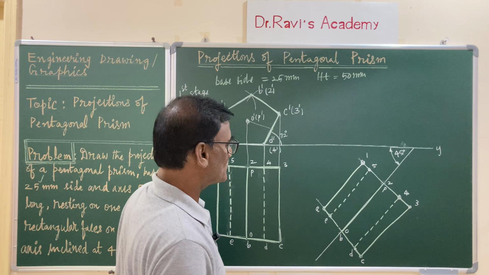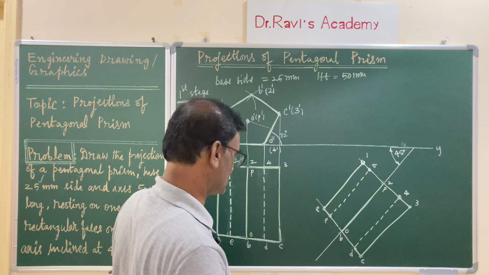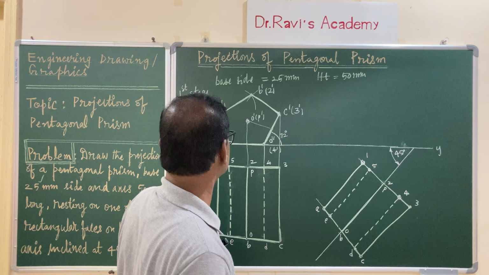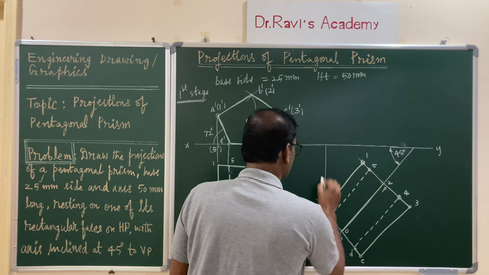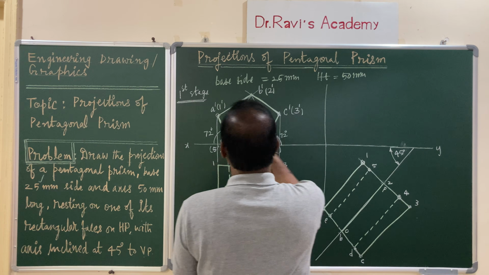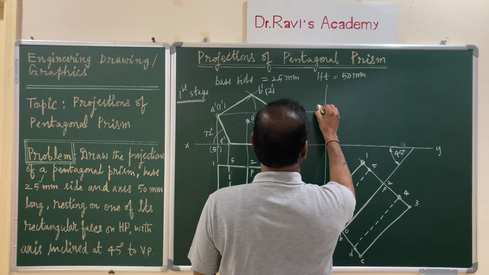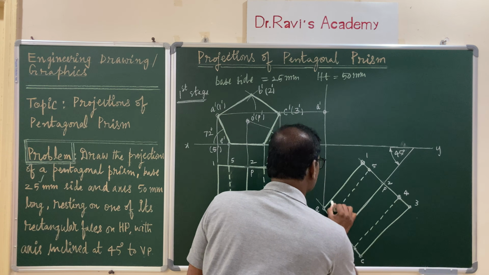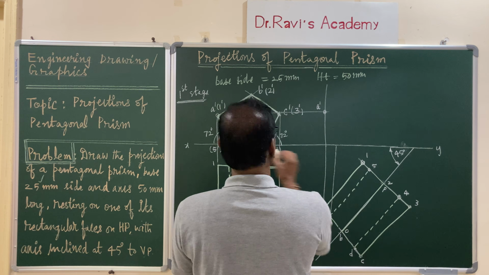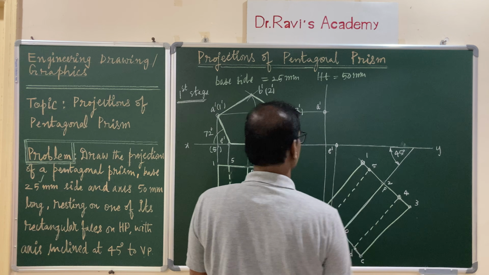Now, let us draw the projectors, vertical projectors as well as horizontal projectors, and locate the points of intersection. So, let us draw a projector from A, horizontal projector. This is your A prime. E, where you have E, this is the point, you can mark it as E prime.